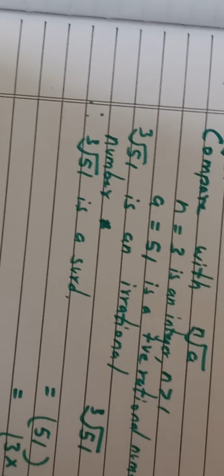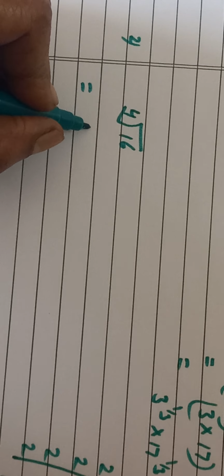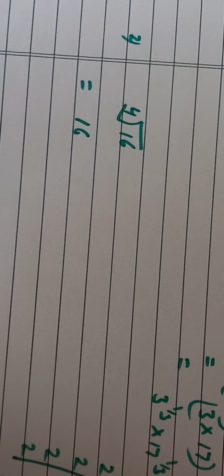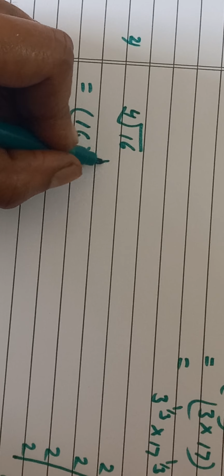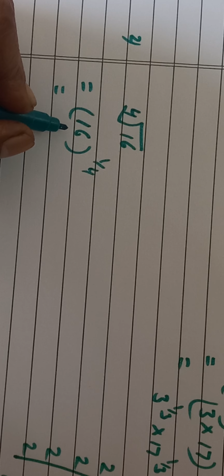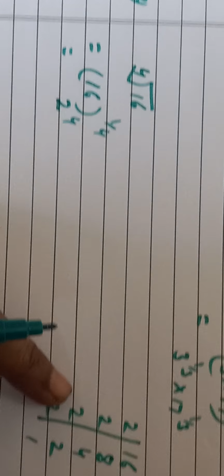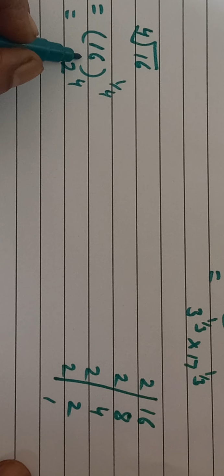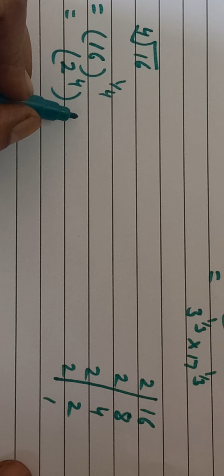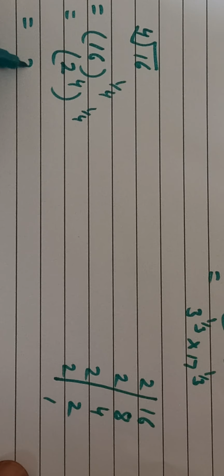So 16, as was taught to you in 8th standard by me, I can write as 16 raised to 1 by 4. Now 16 I can write as 2 raised to 4. So 2 raised to 4 raised to 1 by 4 gives 2 to the power 4 into 1 by 4. This will be cancelled and I am getting 2.